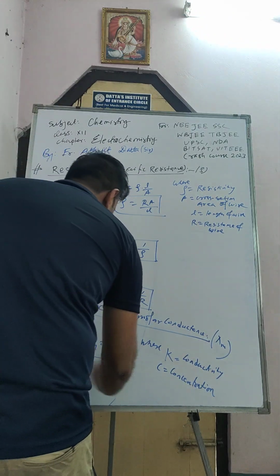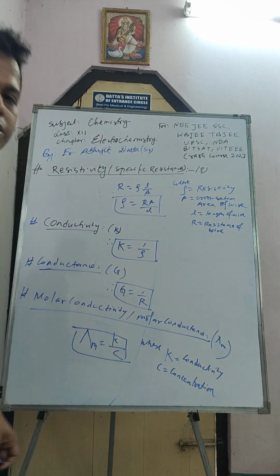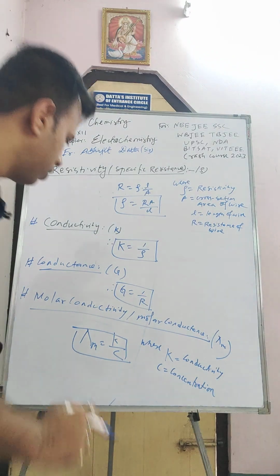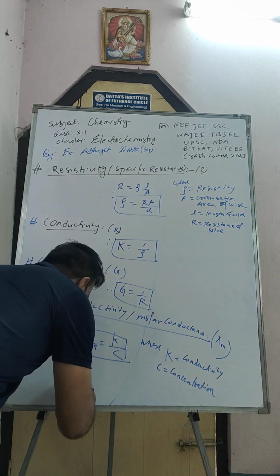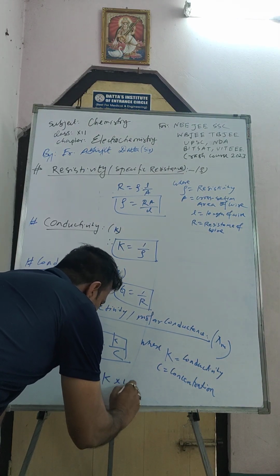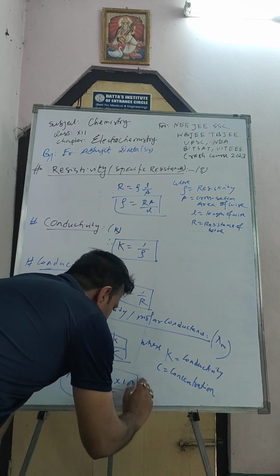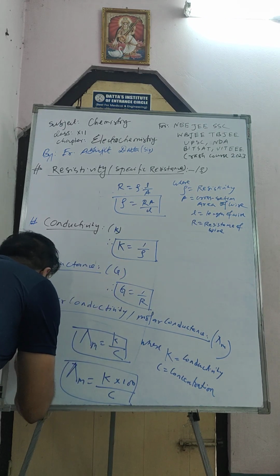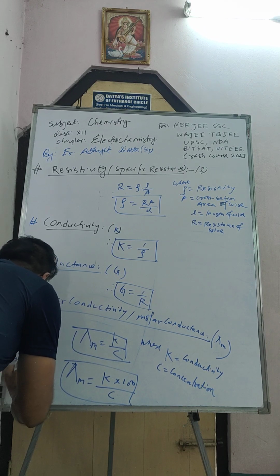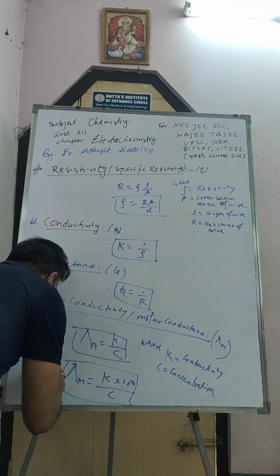Or if it is represented in liter, lambda m is equal to K into 1000 by C, when C is molarity, that is moles per liter.